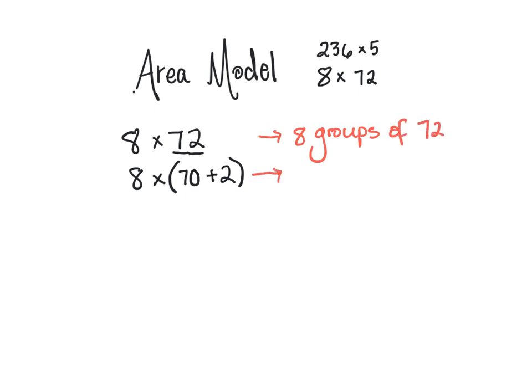And this problem is basically saying we have 8 groups of 70 plus 8 groups of 2, which fourth graders, you should be able to see that this plus sign, when we add the 70 and the 2, we get our original factor of 72.